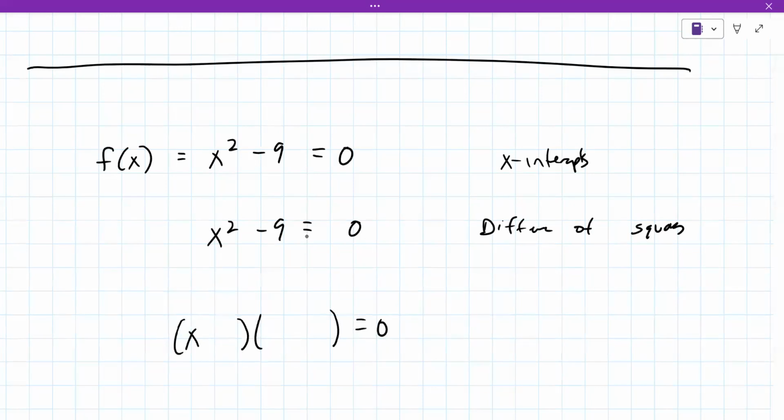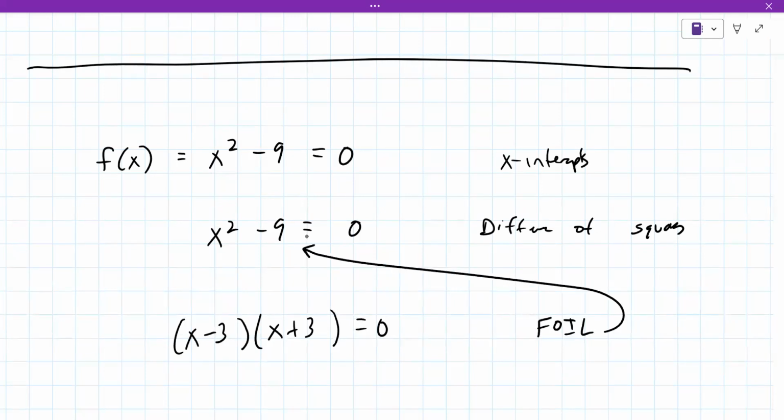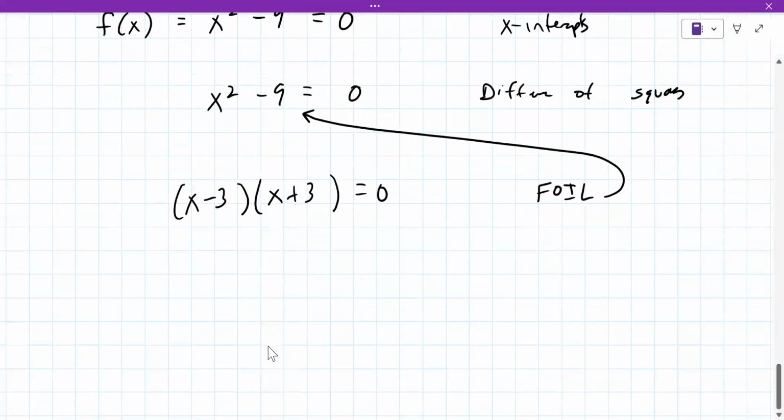So this becomes x minus 3, x plus 3. Okay. So if you were to FOIL this, you would get back to the previous line, believe it or not. And just like the last problem, you set each of these equal to 0. What are the two x values?